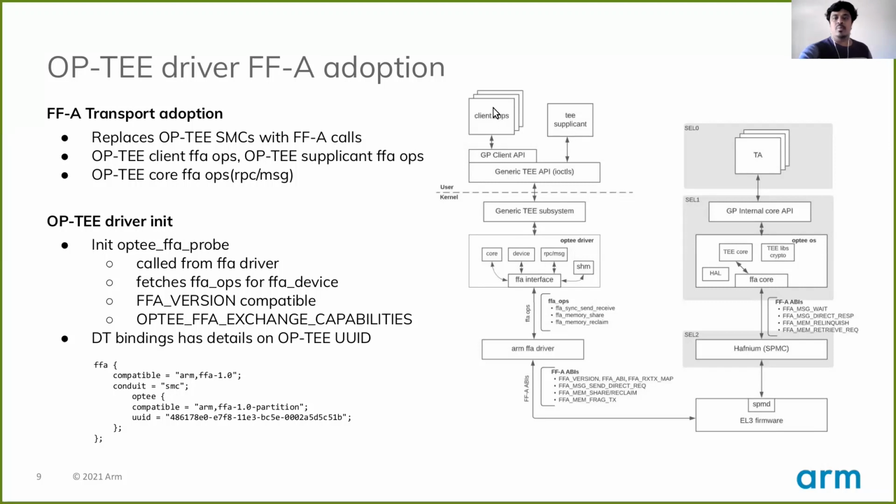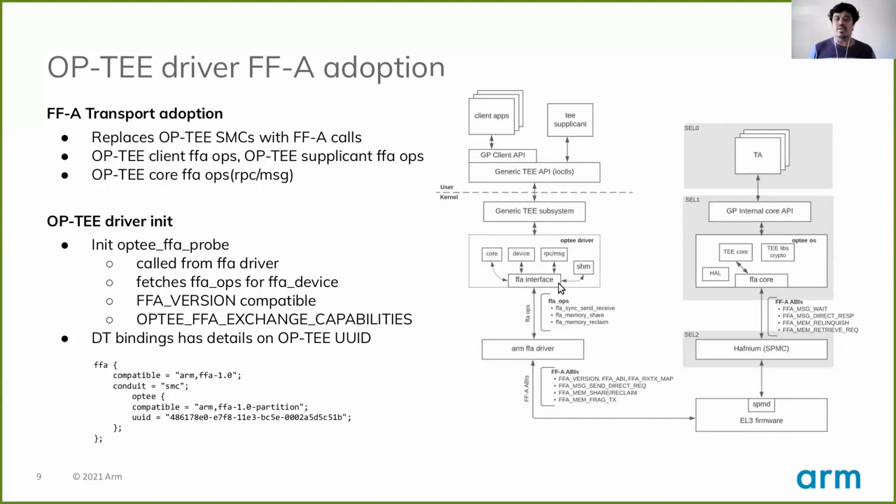Normally the call comes from the client apps to the generic TEE API, and follows to the Linux kernel through the generic TEE subsystem, and from there it reaches the OP-TEE driver. Within the OP-TEE driver, all the subsystems use the FFA interface.